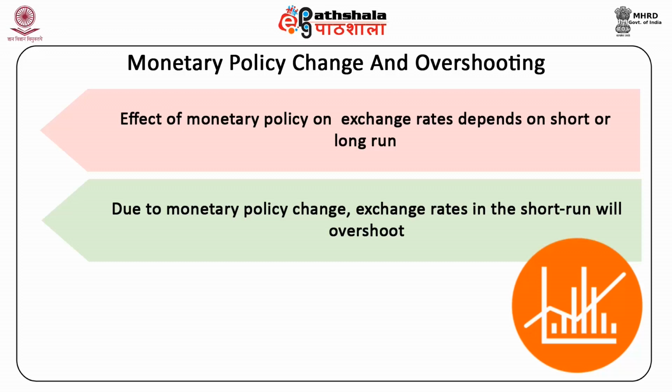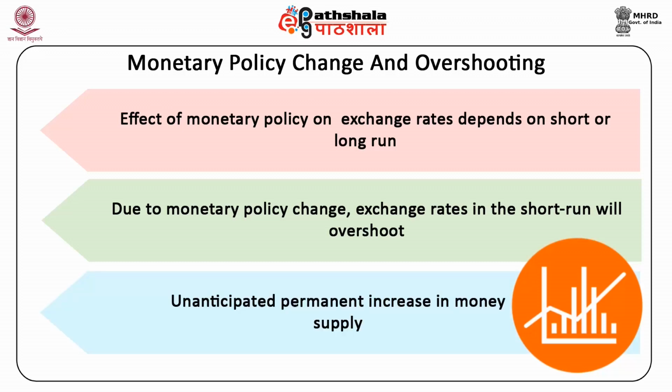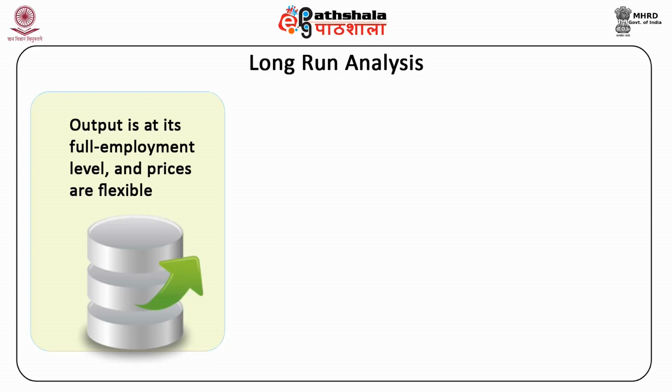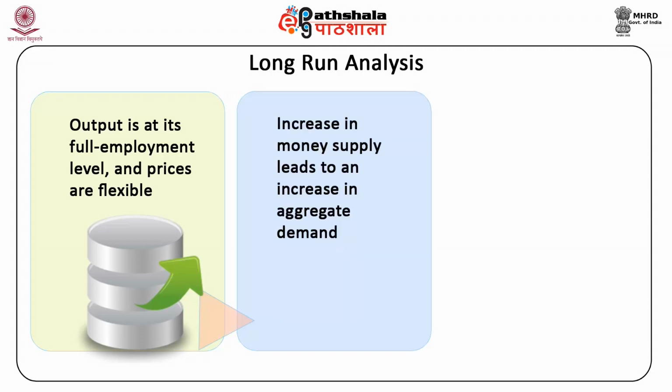Throughout the analysis, we assume that there is an unanticipated permanent increase in money supply. The analysis for a reduction in money supply can be understood in a similar manner. In the long run, output is at its full employment level and prices are flexible. An increase in money supply leads to an increase in aggregate demand.